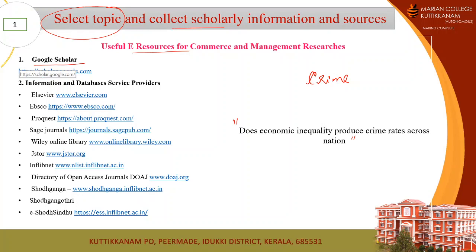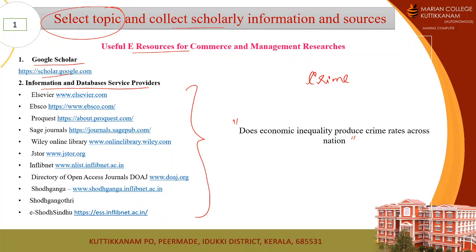Then second one is information and database service providers. So these are a large number of information and database service providers that are available on the internet. Some of them are freely accessible while some are paid database, and here is the list of those information and database service providers.